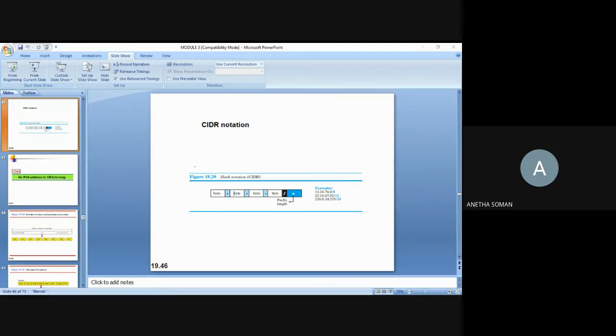Now we are going to the new IP address version, that is IPv6. All these topics are very, very important. Again, I am giving the summary. We started with the network layer, the 3rd layer of the internet model.